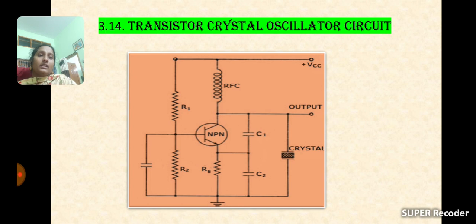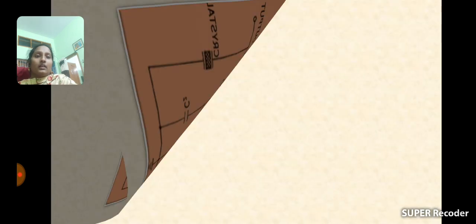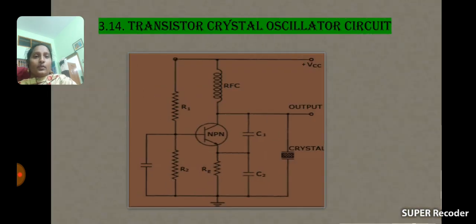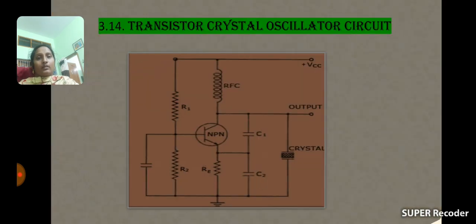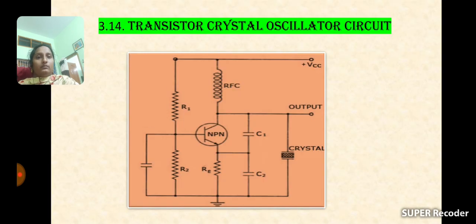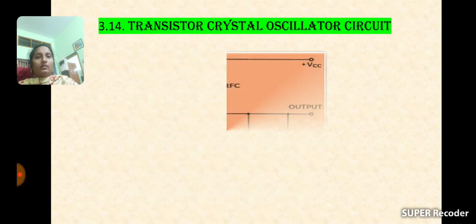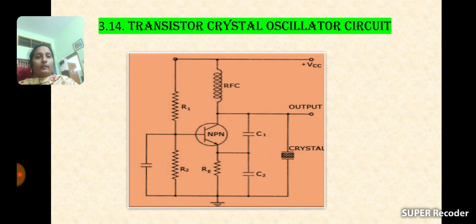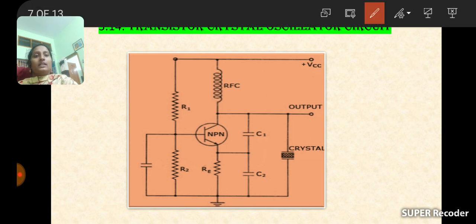Now we are using this crystal to produce oscillations in a circuit. So this is the circuit of the crystal oscillator.